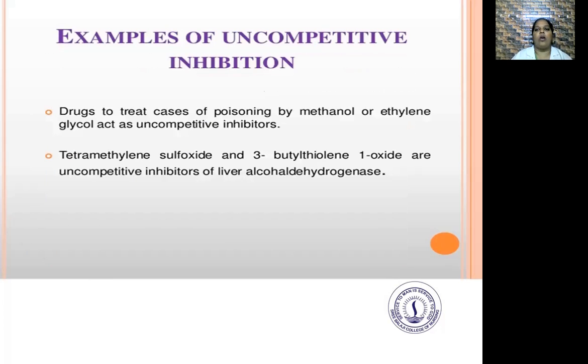Examples of uncompetitive inhibition. Drugs to treat cases of poisoning by methanol or ethylene glycol act as uncompetitive inhibitors. Tetramethylene sulfoxide and 3-butylthiolane 1-oxide are uncompetitive inhibitors of liver alcohol dehydrogenase.